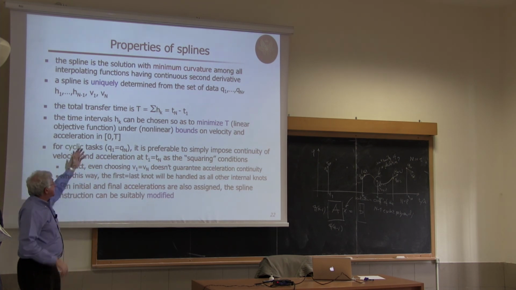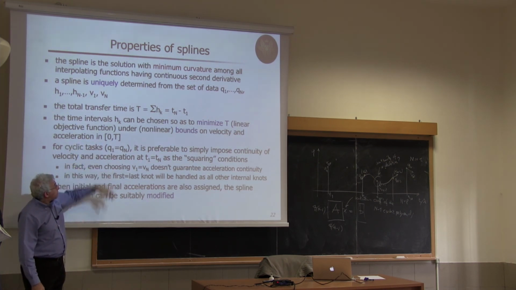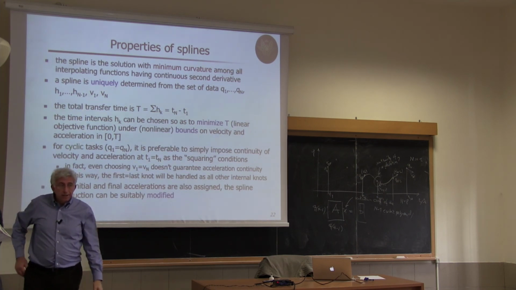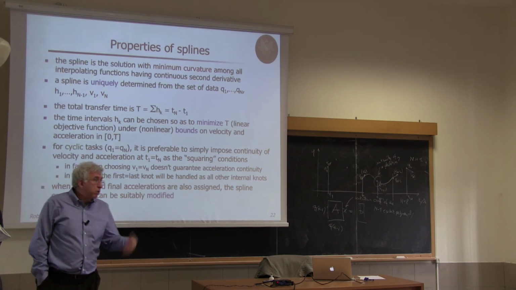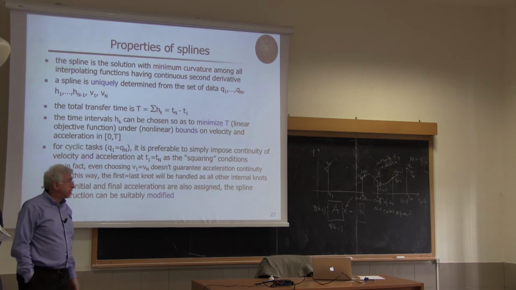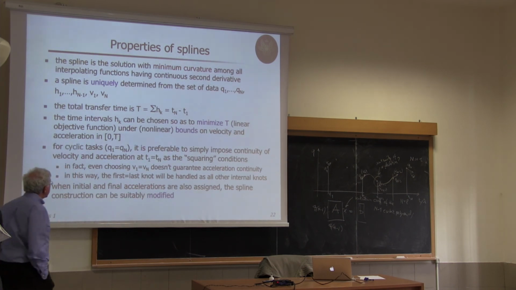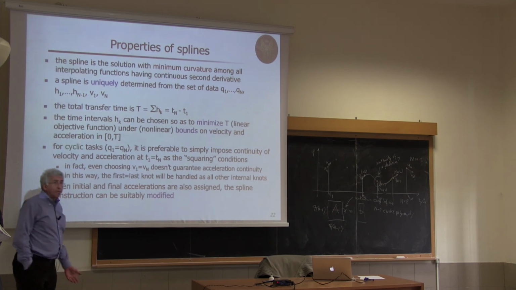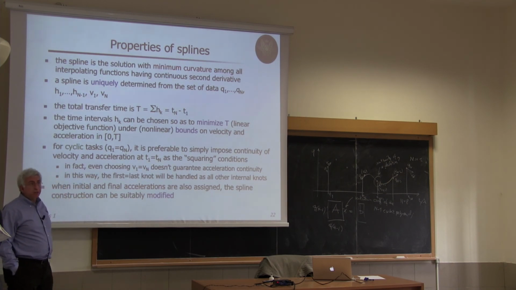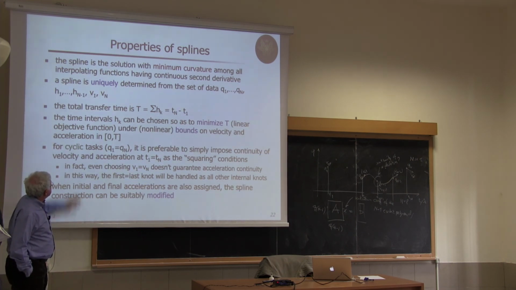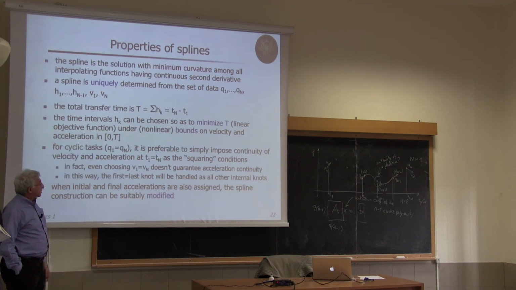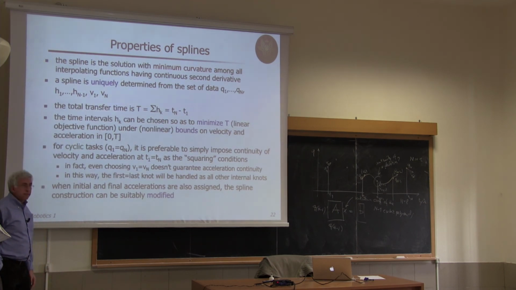The problem stated in this way is highly nonlinear. So you have to resort to a general optimization method. You cannot invert matrices. You have to really use a mathematical programming approach. There are functions in MATLAB that do the job, in the optimization toolbox of MATLAB. So this makes sense.